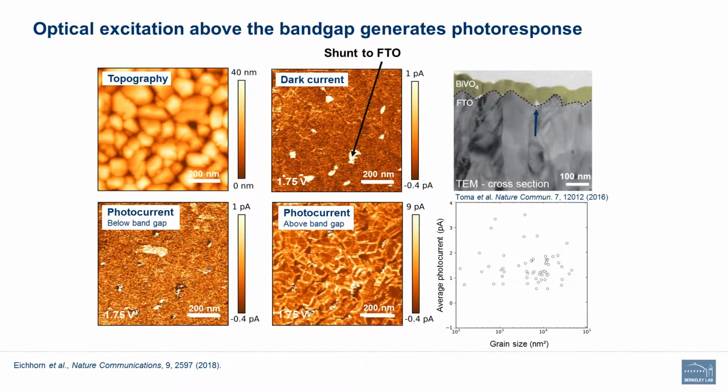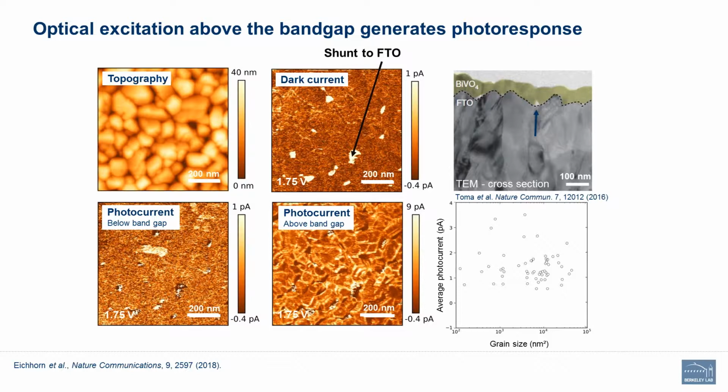So we recorded the current maps with the platinum iridium coated probes, and we applied a potential of 1.75 volts. We conducted these measurements in the dark and under illumination. In the dark, we see almost no current, except for some distinct bright features with higher conductivity. These small features we assign to shunts between our conductive cantilever and the FTO back contact.